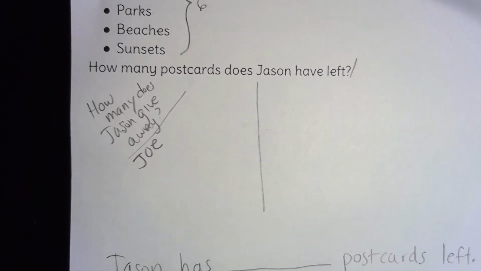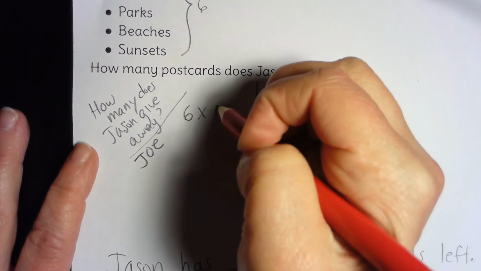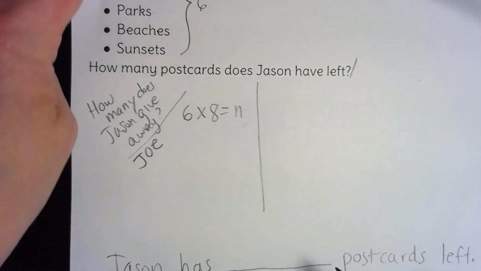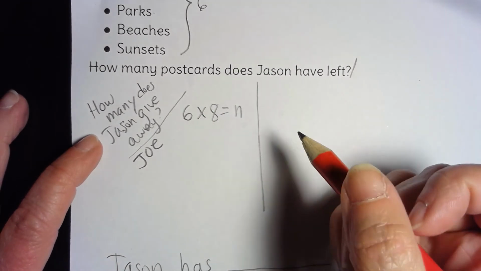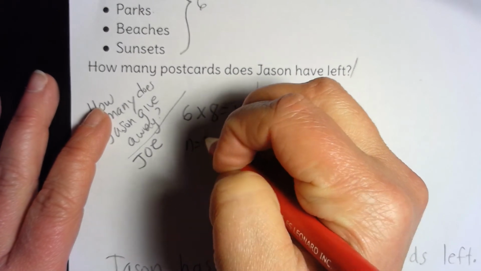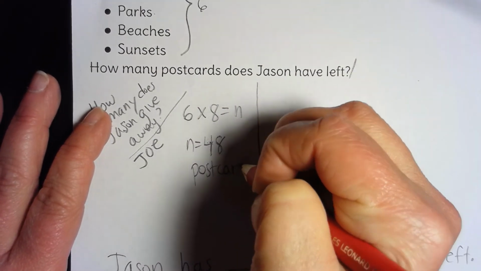We know that Jason gives Joe 6 categories times 8 postcards equals N, right? There's 6 categories and he gives them 8 each. So 6 times 8. So he gives Joe 48 postcards.